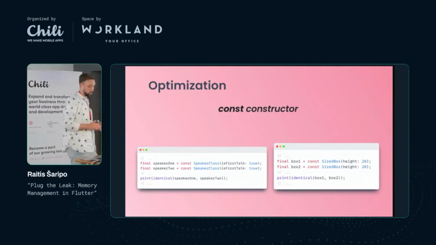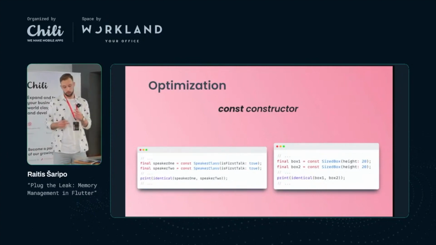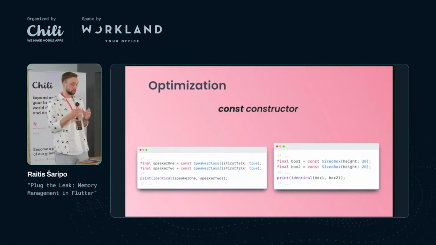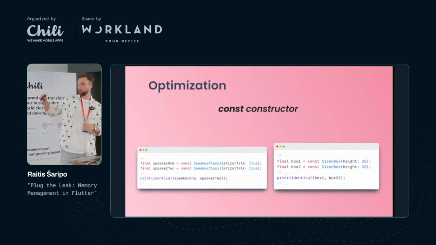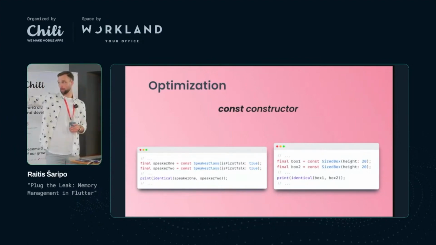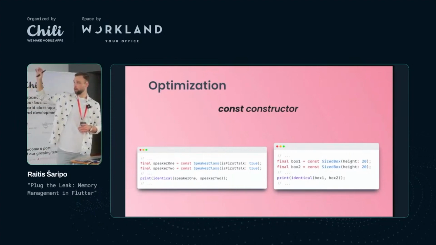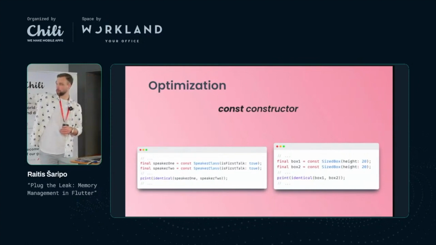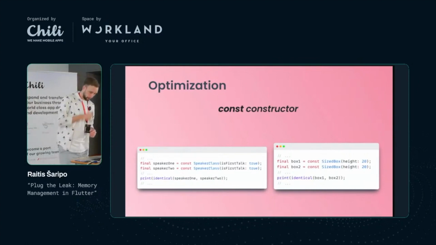And secondly, whenever you create two identical instances with a const constructor, it will actually create one instance and reference the others. For example, if I create speaker 3, and it's again the same constant, it will actually reference the first one that was created.